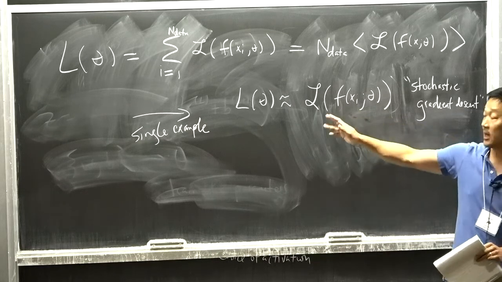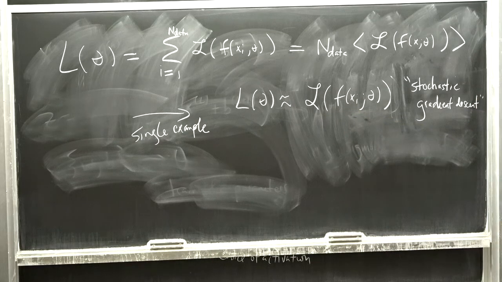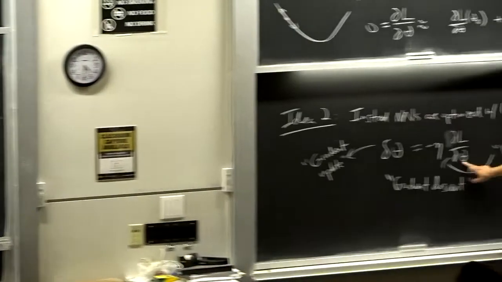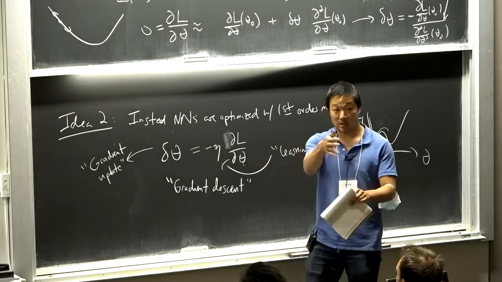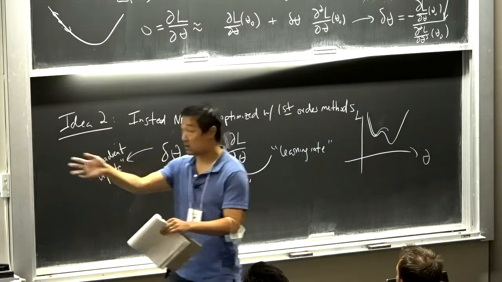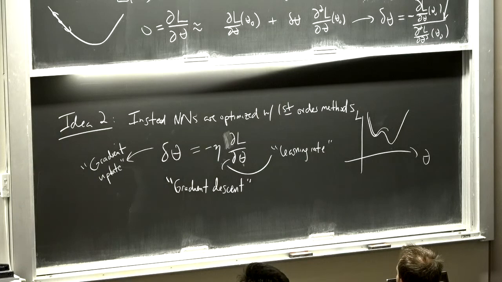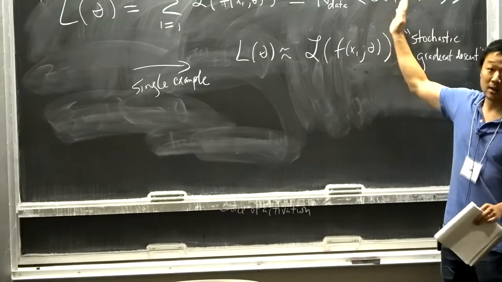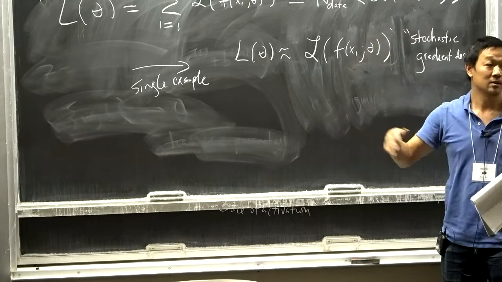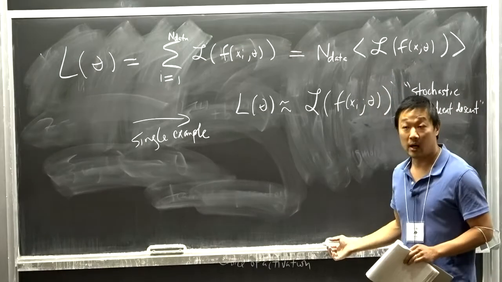The idea is I would update the weights not using the full data set, but using a single data point, and then update them again using the next data point, et cetera. So I kick the weights around with a lot of noise. If I run through the entire data set, then in some sense I've used all the information, but I've exposed it to a lot more noise.